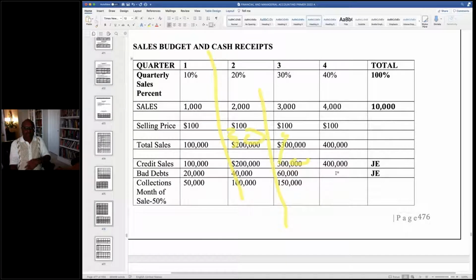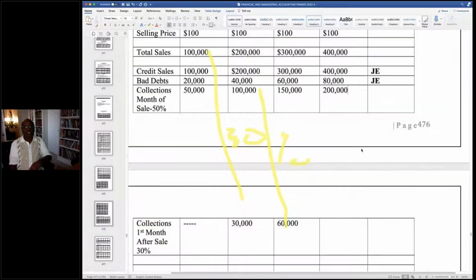Bad debts are gonna be what? 80,000. How much of this are we collecting? 200,000. Y'all getting this down now. How much is gonna be in this box?